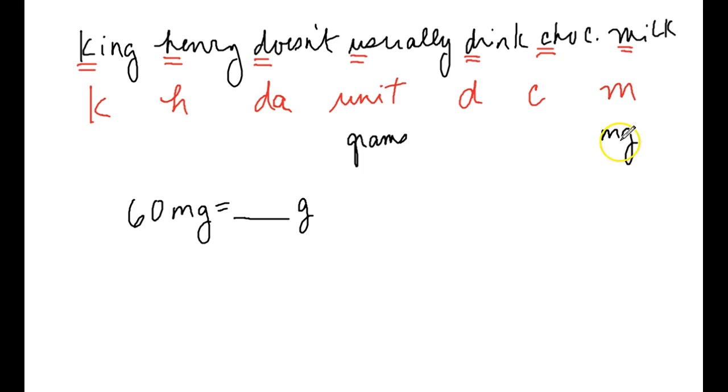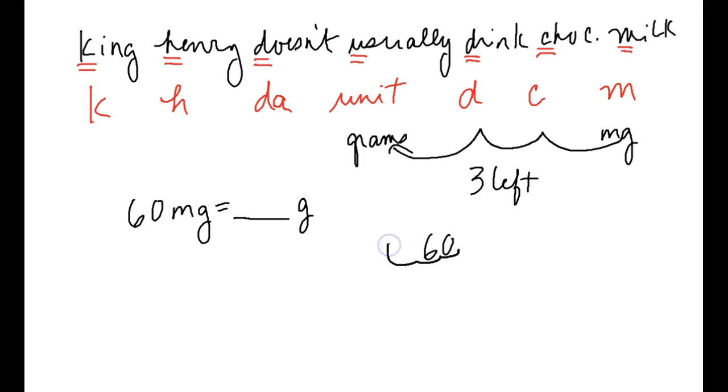If I'm starting at milligrams, I'm going to jump 1, 2, 3 places left. So my 60 is going to go 1, 2, 3 places left. It's going to become 0.060. Now some people put a 0 in the front of that. That's okay too. Sometimes our book will do that. It's just to show you where the decimal point is. Either one of those is correct.